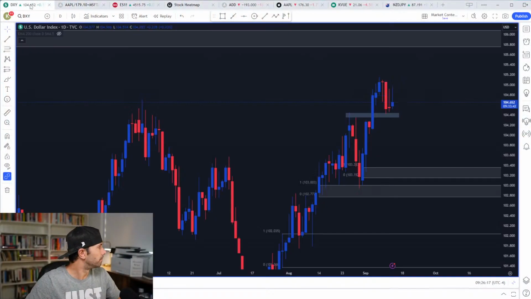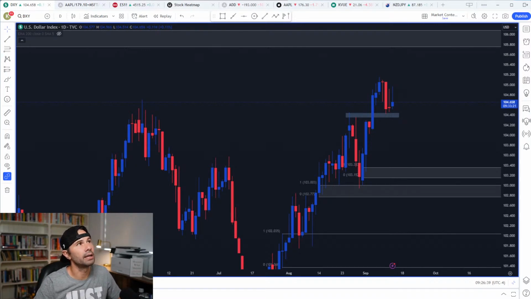Let's start with the dollar. Very busy because we did have CPI: core CPI and the year over year. The year over year is coming down to 3.7, but the month over month is not good, 0.6.